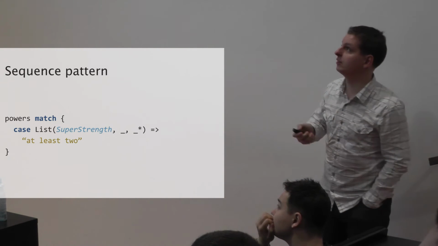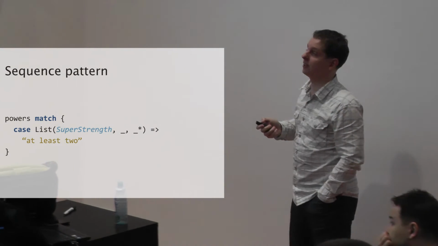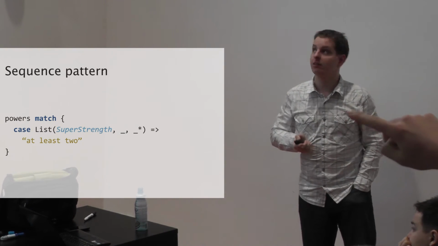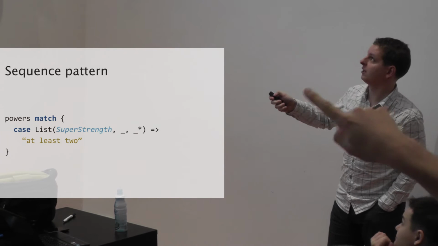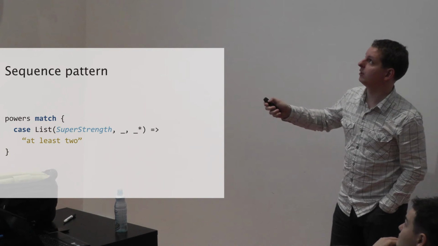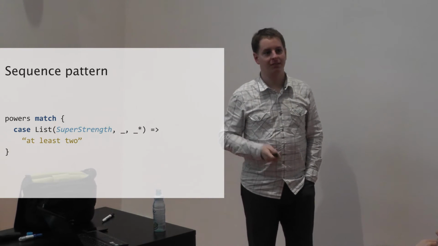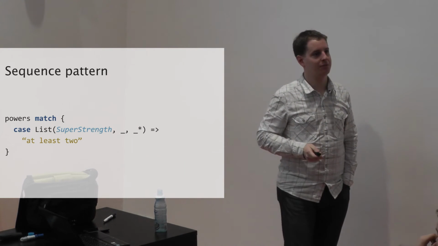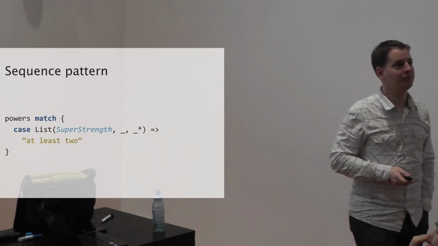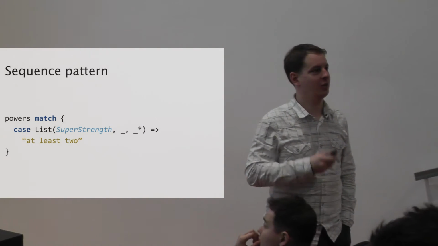What makes it a sequence pattern usually is this kind of symbol. If it's there, it must be a sequence pattern. If it's not there, we need to know how to distinguish, and we will later.